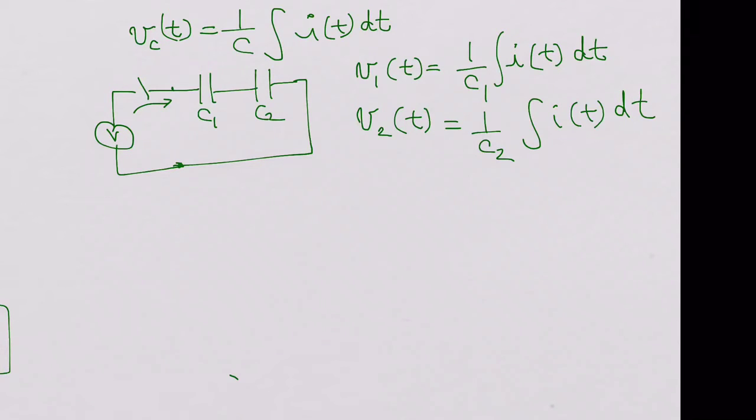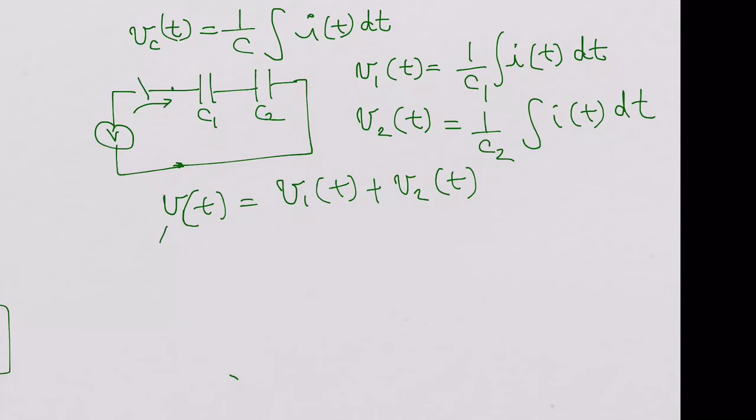And we know that the total applied voltage V of t is V1 of t plus V2 of t. And the total applied voltage can be written as 1 over C equivalent integral I of t dt, which is V1 plus V2.